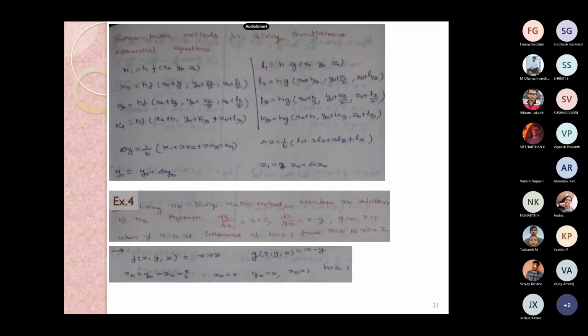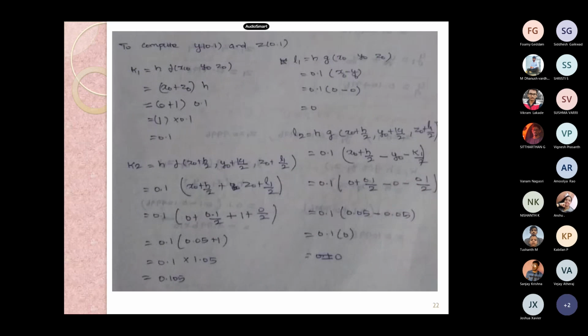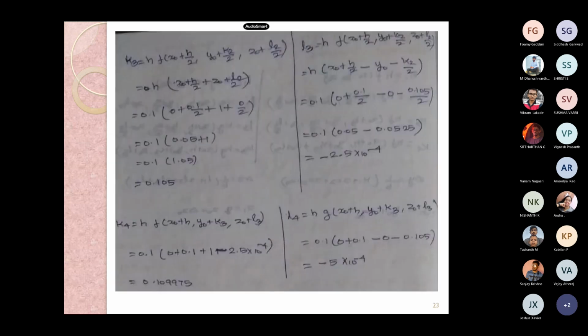We need to find the various k and l, and then delta y and delta z, and then y1 and z1. Now to compute y of 0.1 and z of 0.1, find your k1, apply the respective values, and k2 and l1, l2.